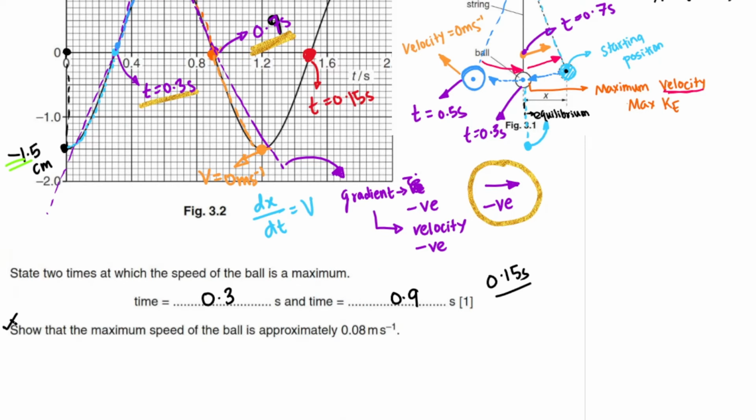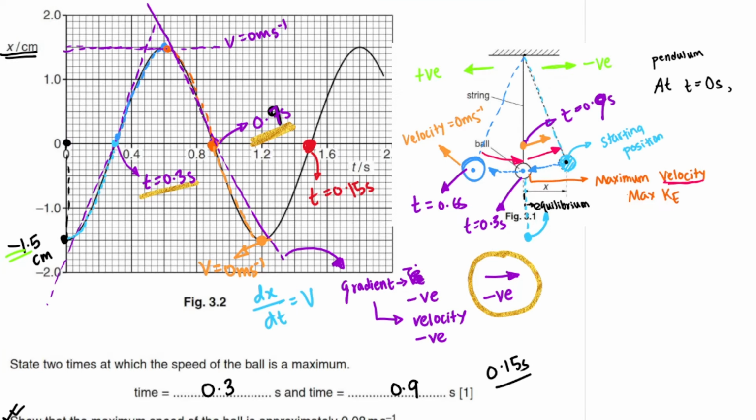Now, in the next part, the question asks us to show that the maximum speed of the ball is approximately 0.08 meters per second. There are 2 ways to solve this question. One is using the gradient.